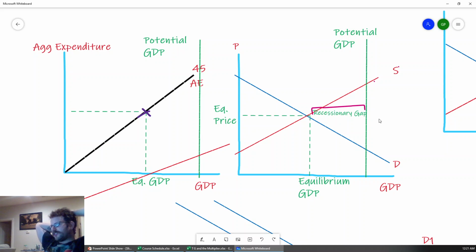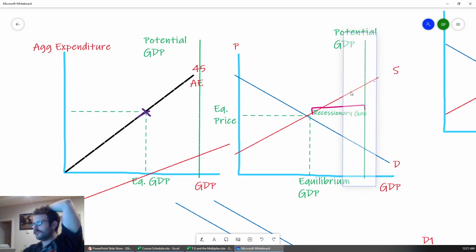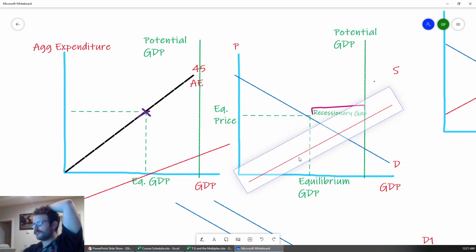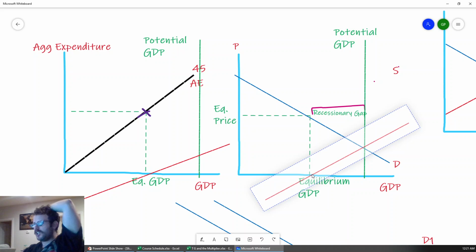And two things can happen. Your input prices could decrease, and supply could shift out and meet demand at this new equilibrium GDP. So new equilibrium GDP down here with a decrease in price.